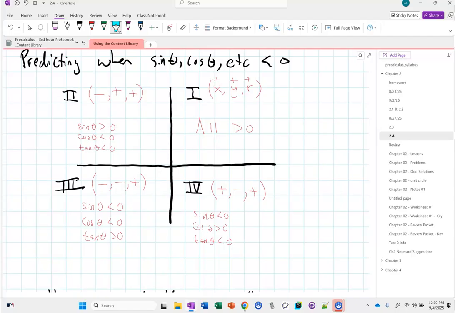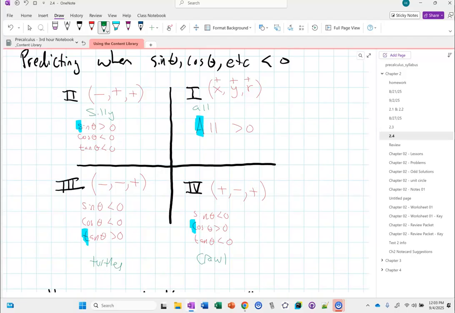So we did A for all, S for sine, T for tangent, and C for cosine. And what we said was: All Silly Turtles Crawl. I don't know why, but I still remember it 40 years later or whatever. So it couldn't have been that bad of an idea. But all that is an acronym to remember which trig function is positive in that quadrant.